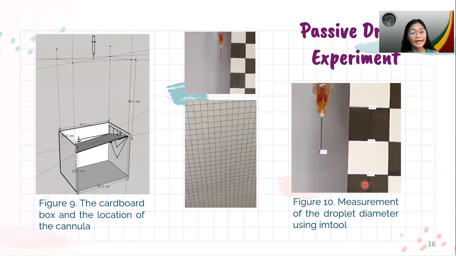Using ImTool again, I measured the length in pixels of 3 square edges closest to the spherical drop. The ratio of the pixel length and the actual length of the square edge was used to calculate the actual drop diameter. Now, this was conducted 3 times, and the average of the drop diameters was used for future calculations.